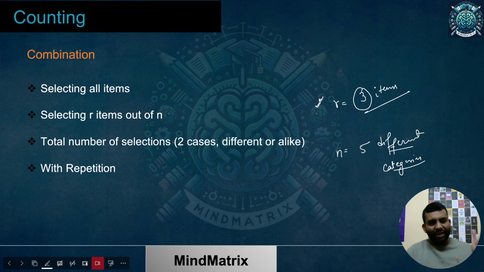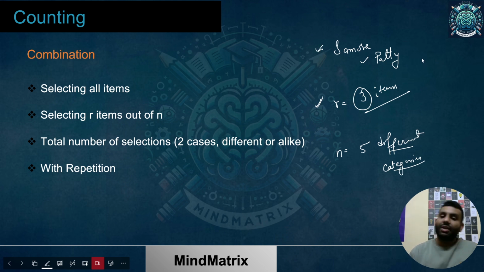Let me just write it down. It can be samosa, it can be a patty, an aloo patty. What else can we have? It can be a simple sandwich.